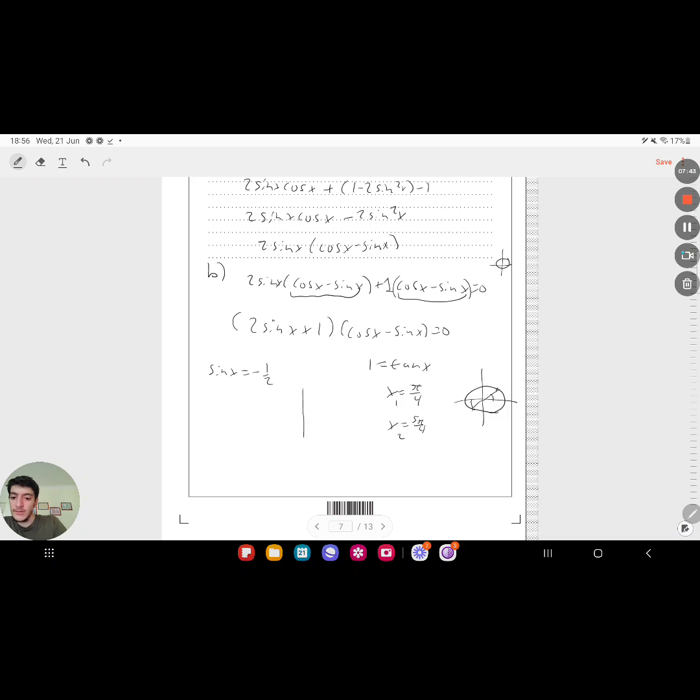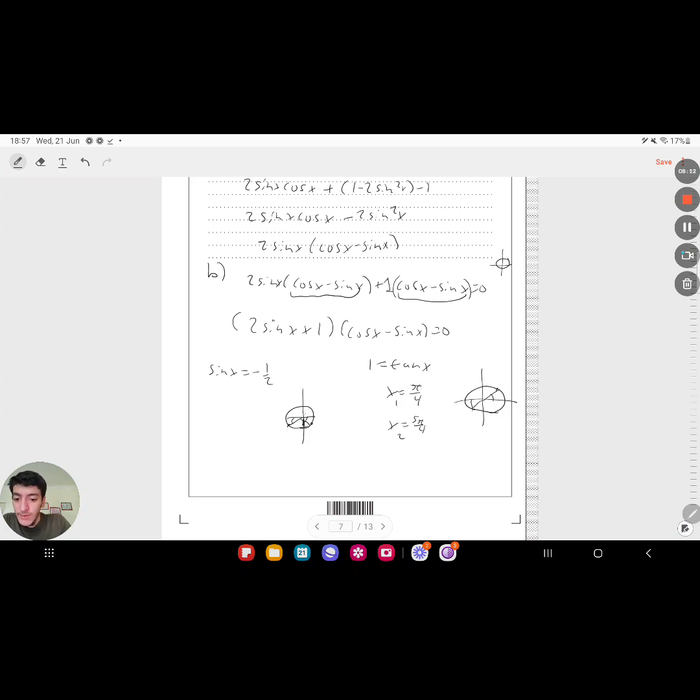We look here, sine x equals minus a half. So sine x is the y value, so minus a half would probably be right there. Now it could be anywhere, but I'm just going to do that. So our angle's correct there. Now I know sine 30 is a half, but is there any formula for this?